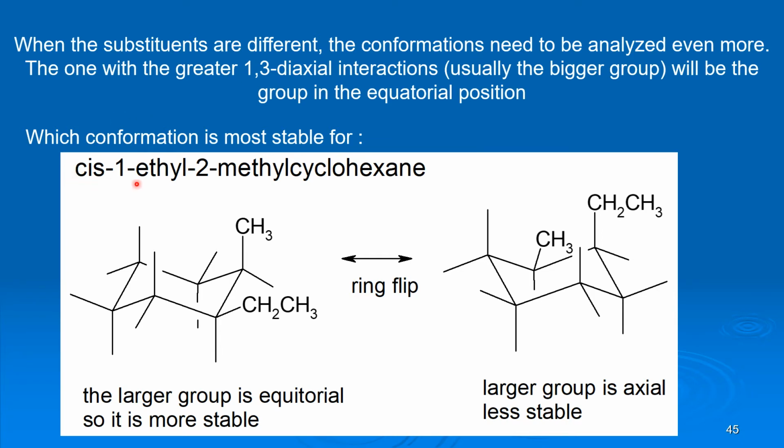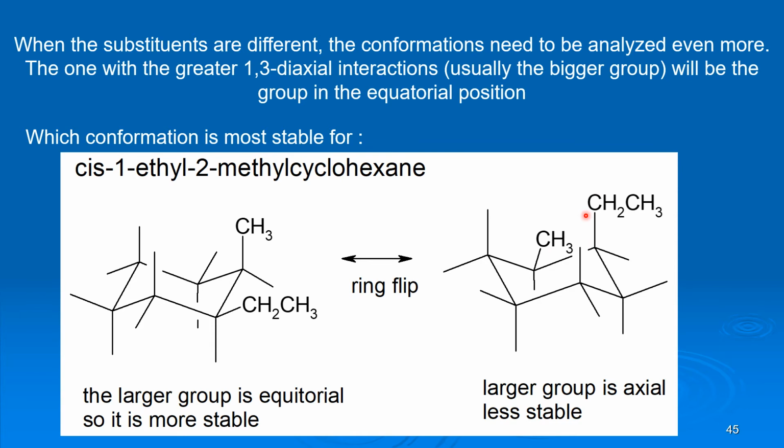So let's look at this one, cis 1-ethyl 2-methyl. So now the ring flip, and it's cis, so we've got a top and a top, so they're both tops. It just happens that this top is equatorial and this top is axial. If you do a ring flip, then this one is equatorial and this one is axial.